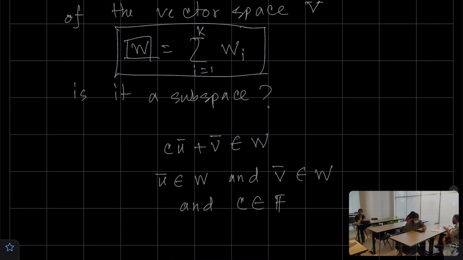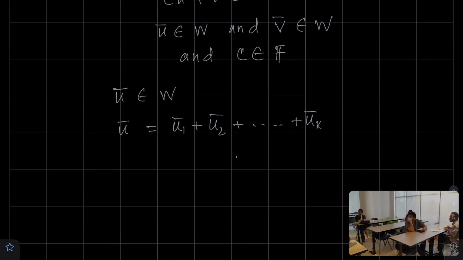So how do you check? You can consider a vector U that belongs to W. But how is W defined? W is the summation of all these W1 to Wk. Then you can write U equals U1 plus U2 plus Uk, where this decomposition does not need to be unique.